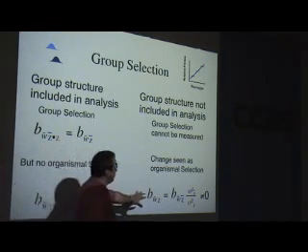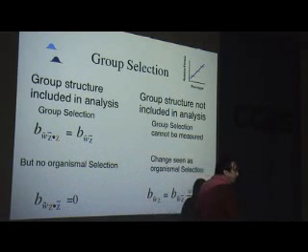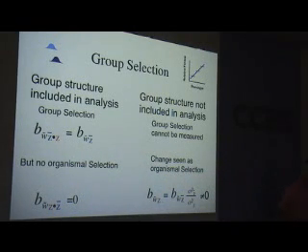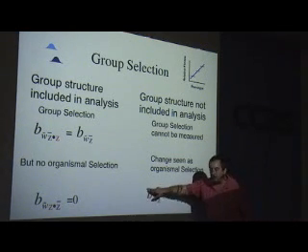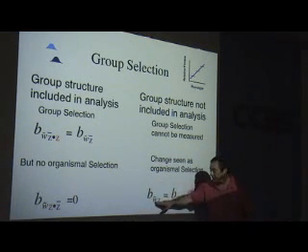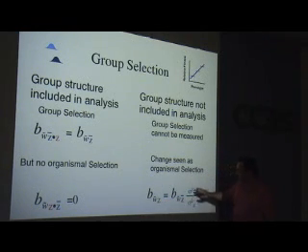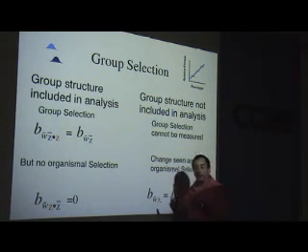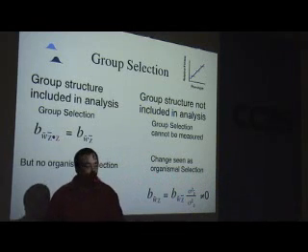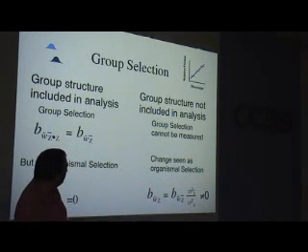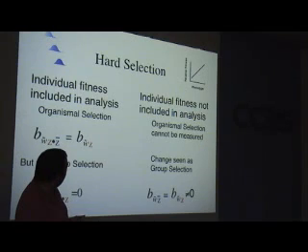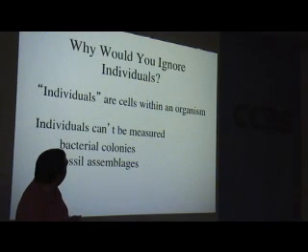But if we were to only do simple regressions, which is the easy thing to do, what we would discover is that the regression of relative fitness on individual phenotype is equal to this, which is emphatically non-zero. So in fact, we see that, again, the multiple regression approach ends up being a much more effective way of working with this. Hard selection does the same thing.